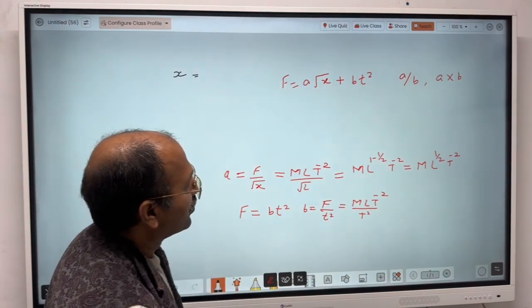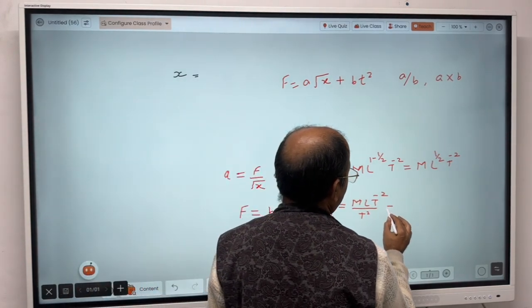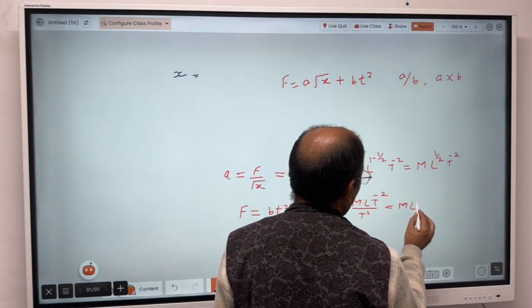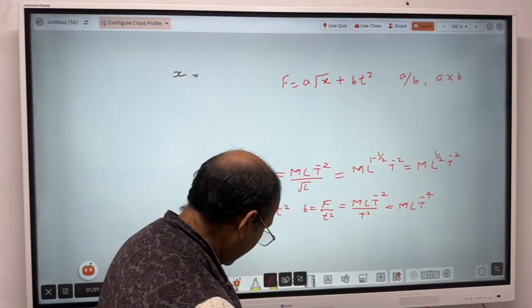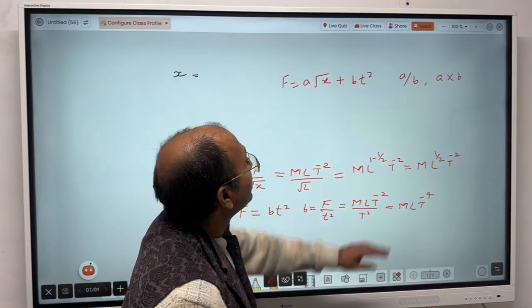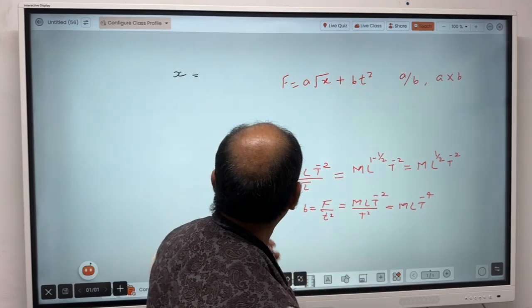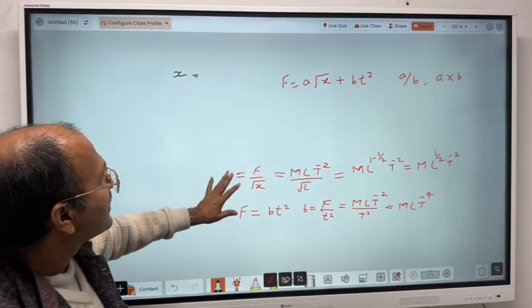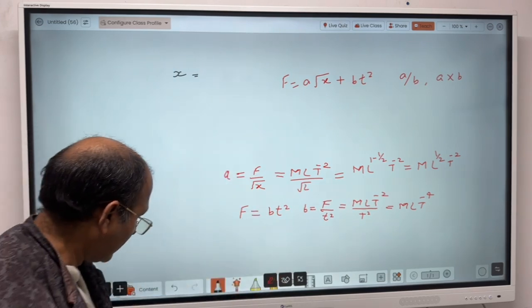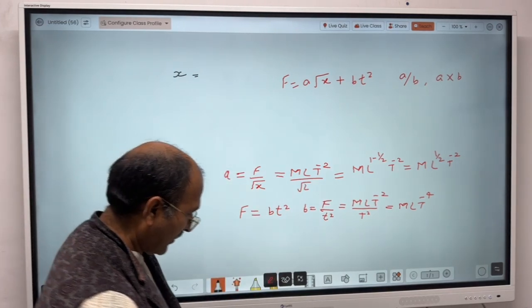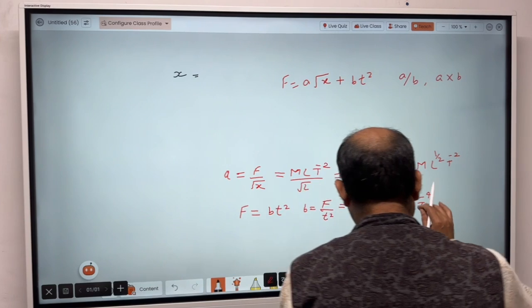So we can take this T square to numerator. So this gives M L T power minus 4. Now, whether we have to evaluate A upon B or A into B, since we have got the dimensions of A and B separately, we can do either division or multiplication to get the desired answer. I think you have understood.